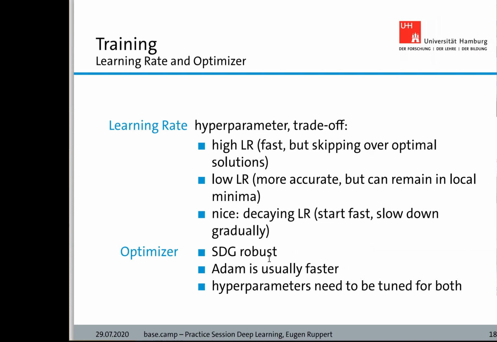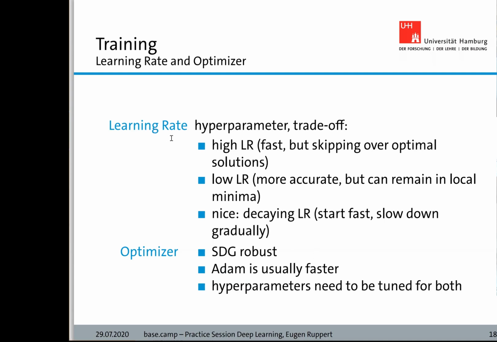This stochastic gradient descent is a nice and robust algorithm. But there are also some more modern ones. For example, the Adam algorithm is usually faster and also performs very well. Still, there are hyperparameters that you need to set for both of them for optimal performance, but usually the defaults also work quite nicely.